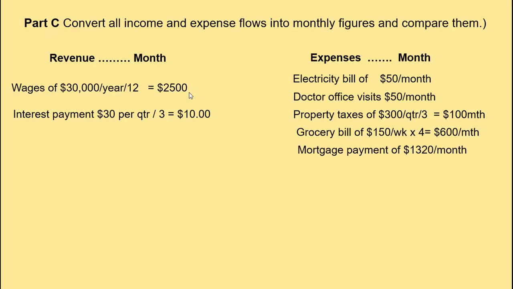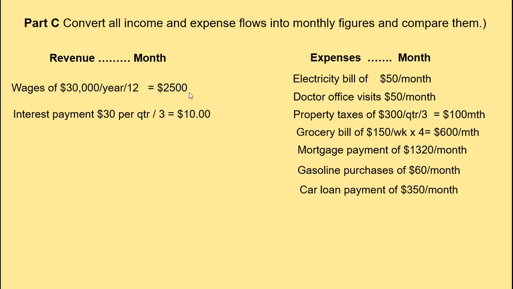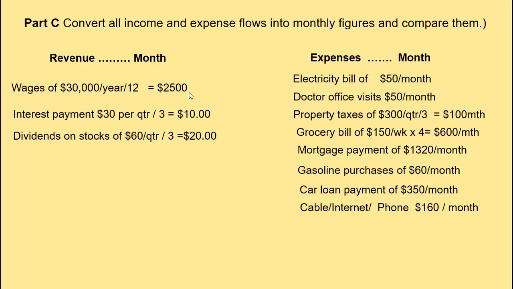Mortgage payment, $1,320 a month. Gasoline purchases are $60 a month. Car loan payment, $350 a month. Cable, internet, phone, $160 a month. Dividend on stocks would be $60 a quarter, and there's 3 months in a quarter, so divide the 60 by 3 and you get $20 per month.